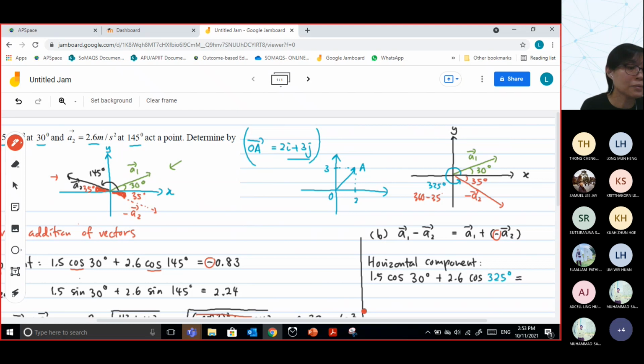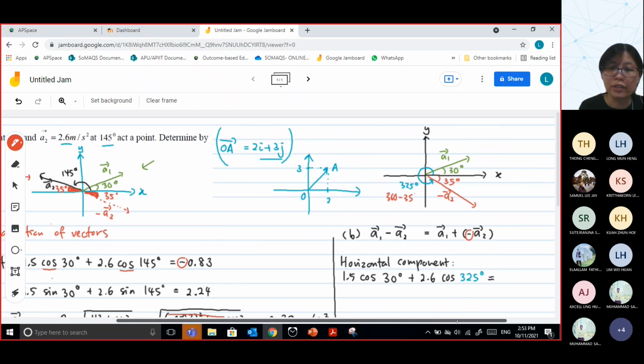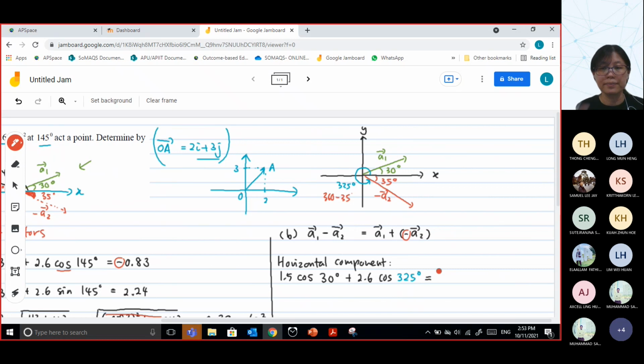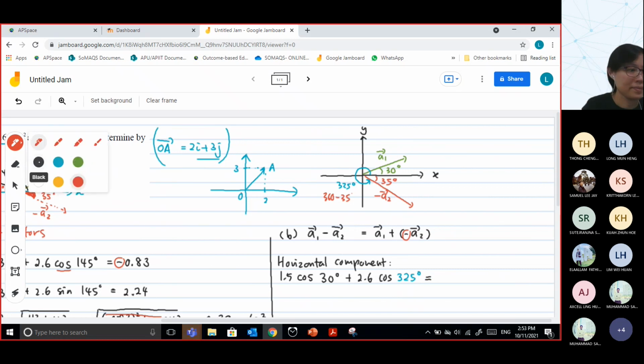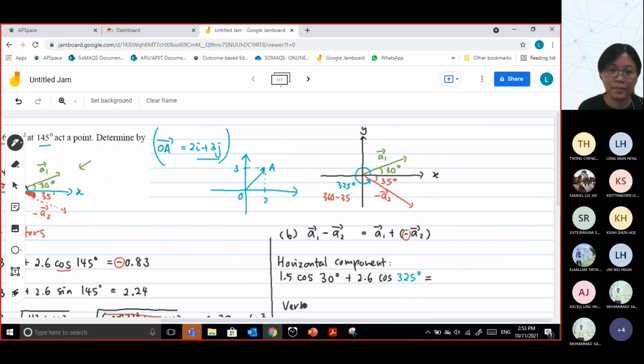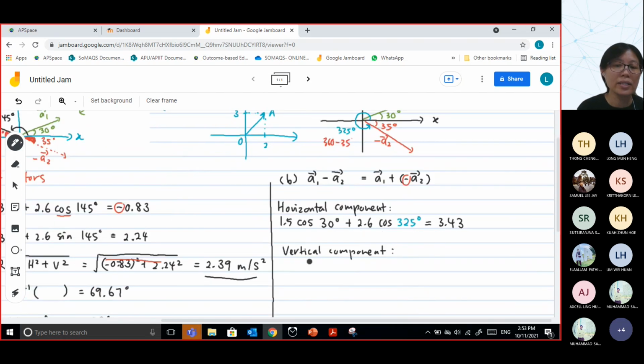Okay, so now calculate for the horizontal component. 3.43, yes, correct. Then next one is the vertical component.